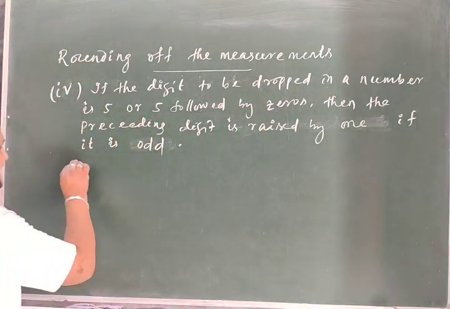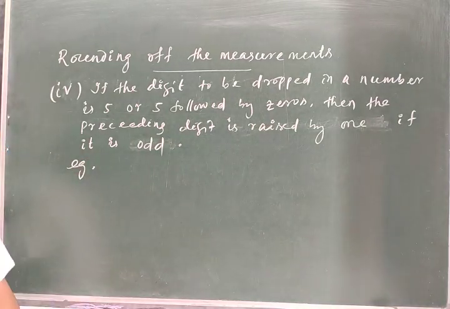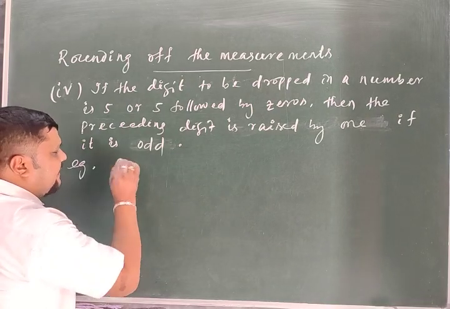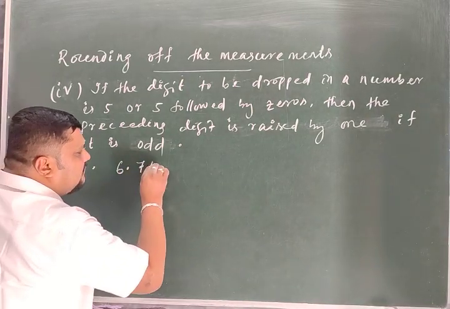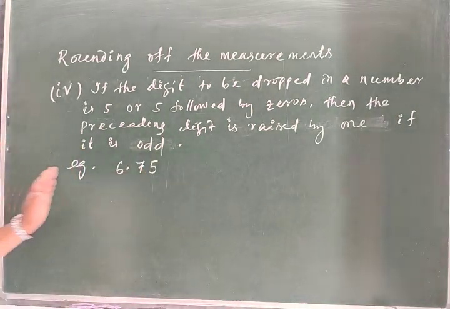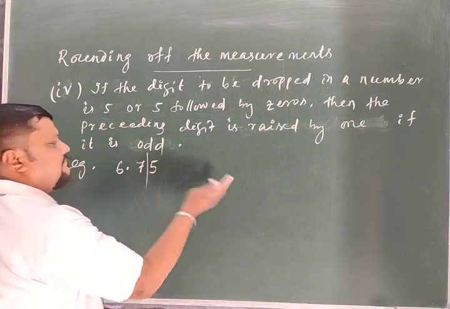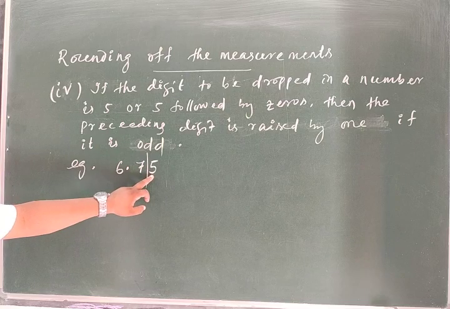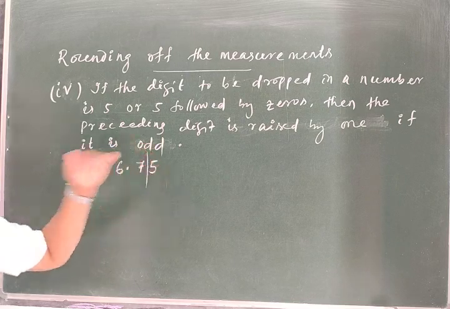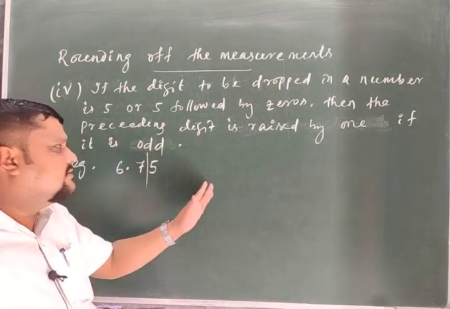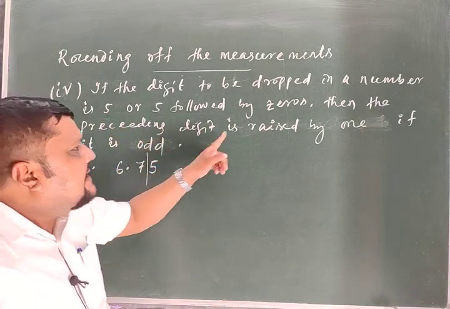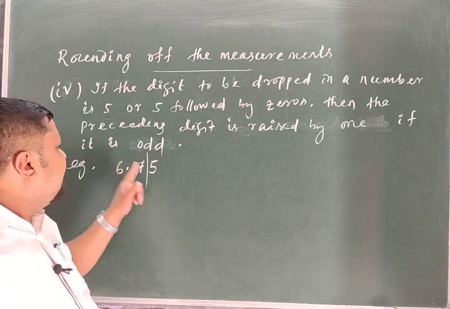Let us go for an example. Suppose I write a number like 6.75, and I want to drop this 5. If the digit to be dropped is a 5 with no zeros following, or even with zeros, no problem. Then the preceding digit is raised by 1 if it is odd.